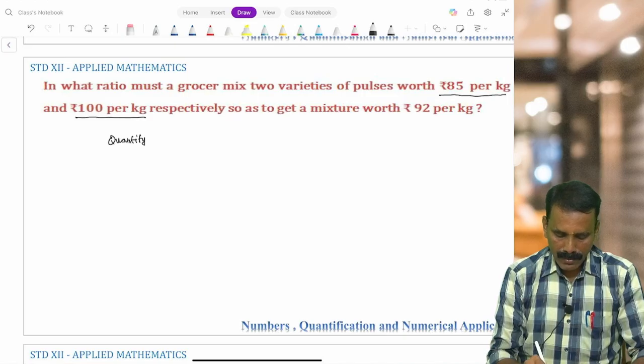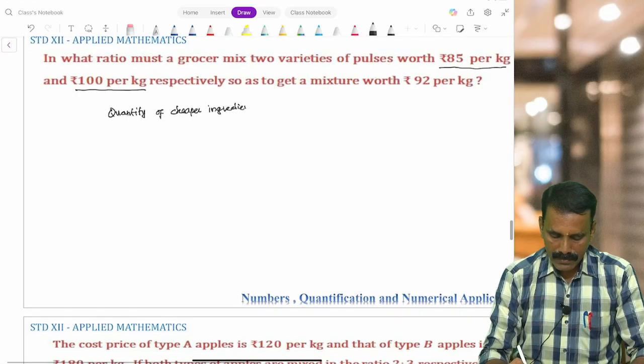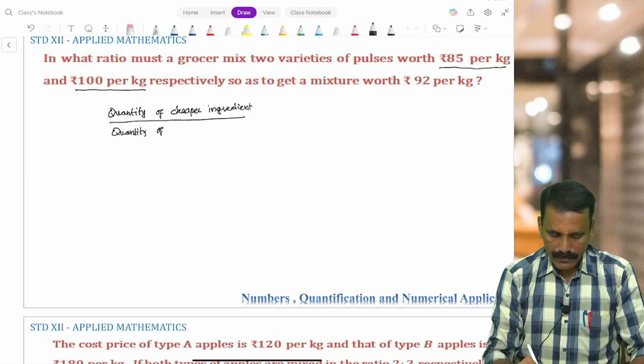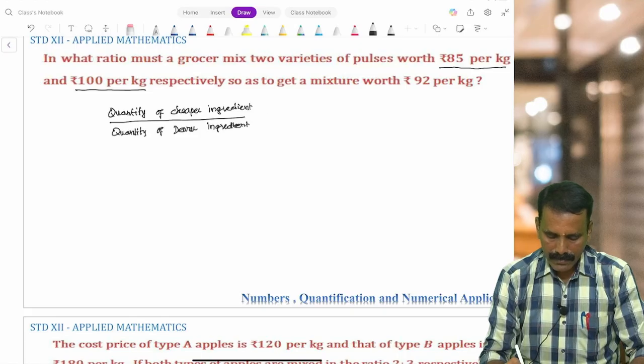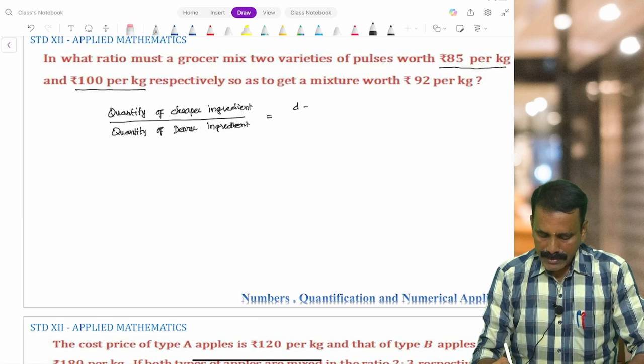So we have a formula: quantity of cheaper ingredient divided by quantity of dearer ingredient is equal to dearer minus mean of the mixture, divided by mean of the mixture minus cheaper.